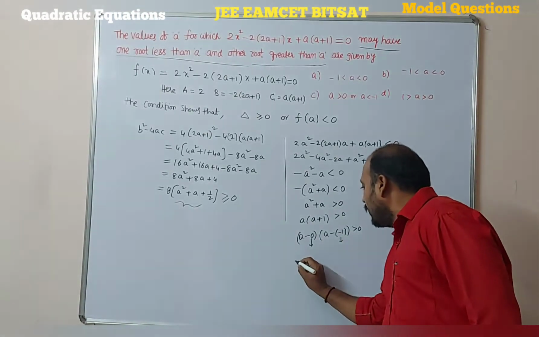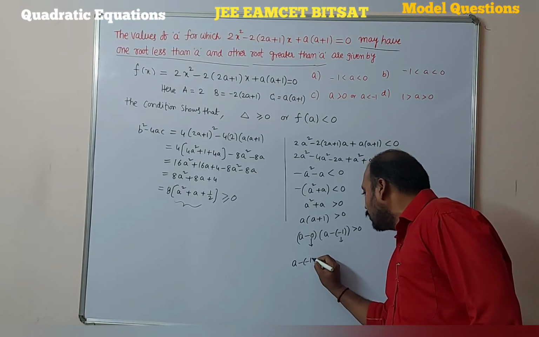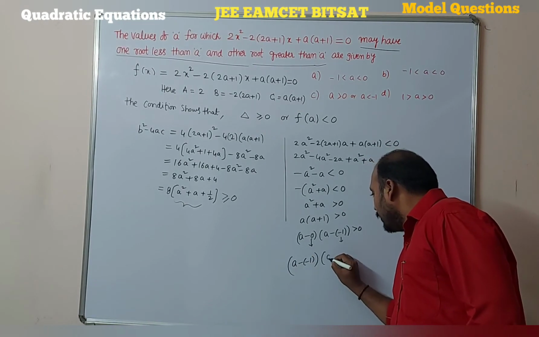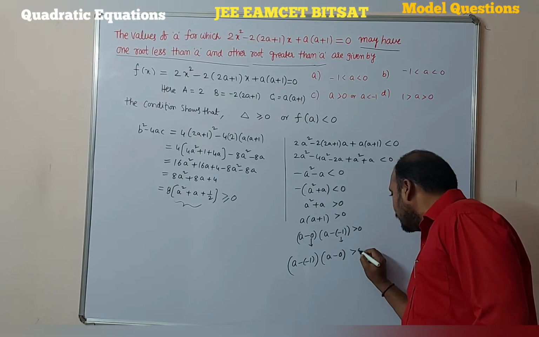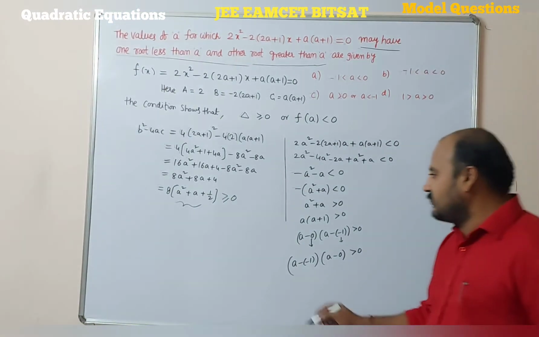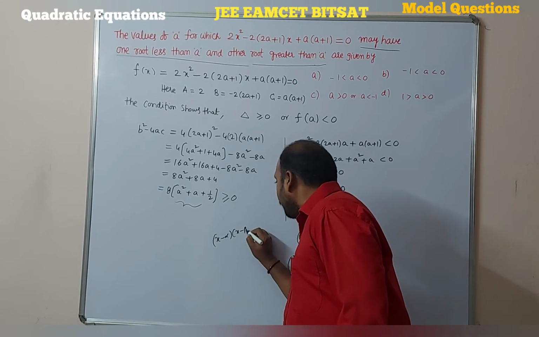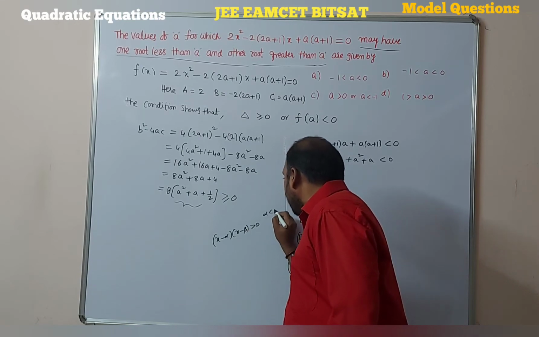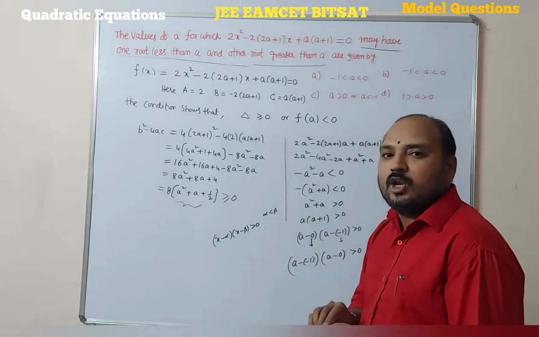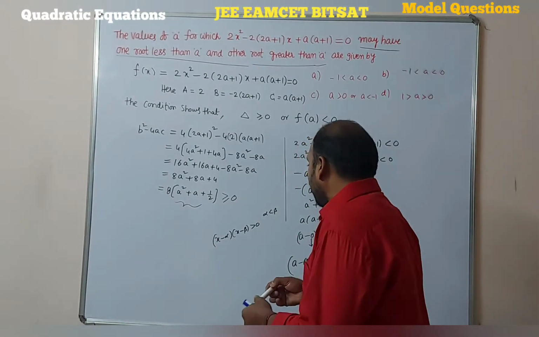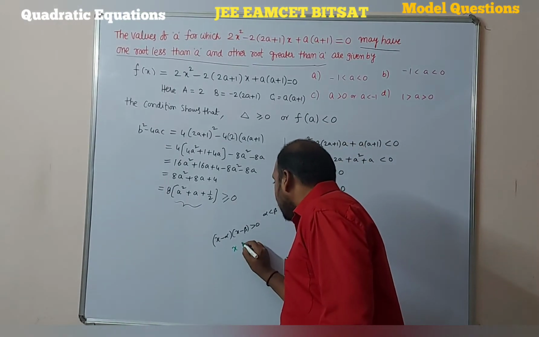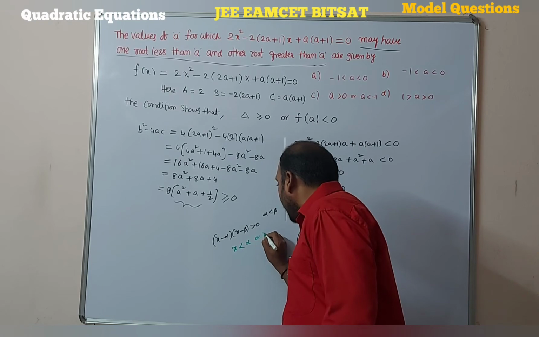Minus 1 is less. So we can write (a minus of minus 1) into (a minus 0) is greater than 0. We know that (x minus alpha) into (x minus beta) is greater than 0 when alpha is less than beta; the value of x lies outside, x is less than alpha or x is greater than beta.